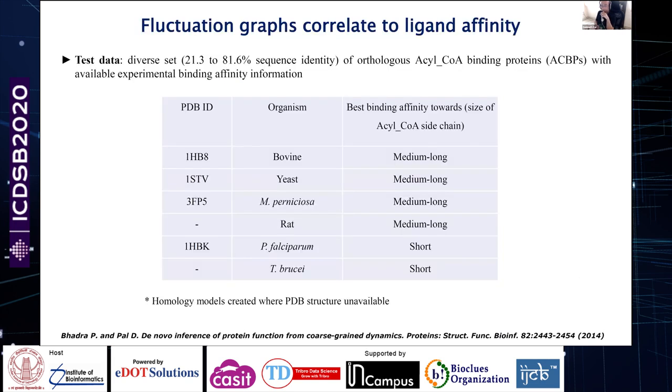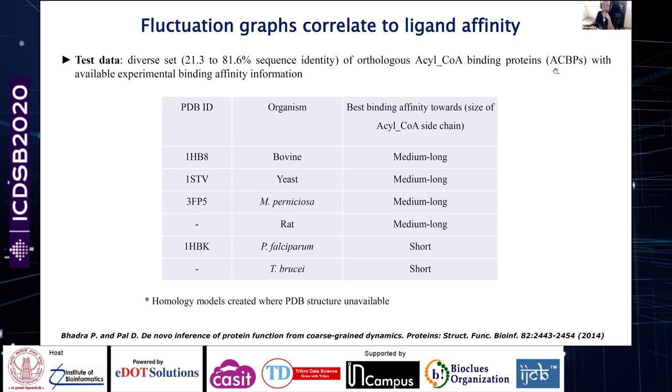So once we finished developing our force field, we started trying to figure out how we could go about using the trajectory that we got from our coarse-grained simulation and decipher if we can make a direct match between dynamics and function. So the first test that we did used a diverse data set of orthologous acyl-CoA binding proteins.